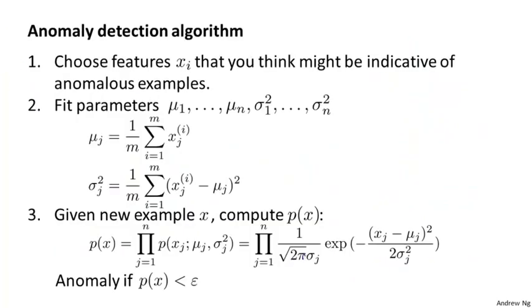So putting everything together, here's our anomaly detection algorithm. The first step is to choose features, or come up with features xi, that we think might be indicative of anomalous examples.